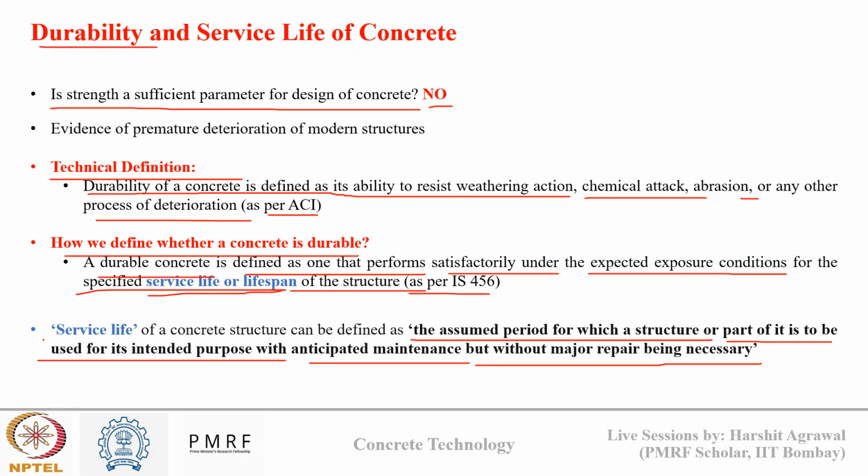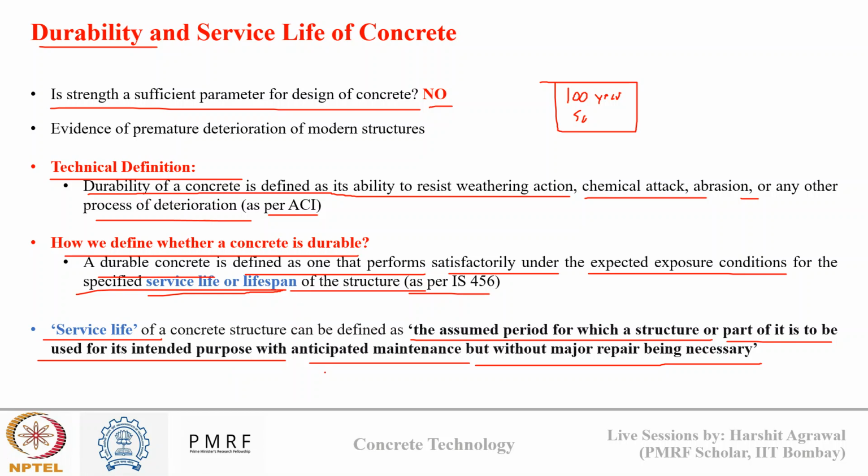Okay, so when we design a concrete, we fix the service life. Suppose we want a structure for 100 years or 50 years or 150 years, so this is the intended service life from the structure. Now during this period, I assume that my structure will be able to perform its intended purpose. So if a structure is built to function as a laboratory, it should work as a laboratory only.